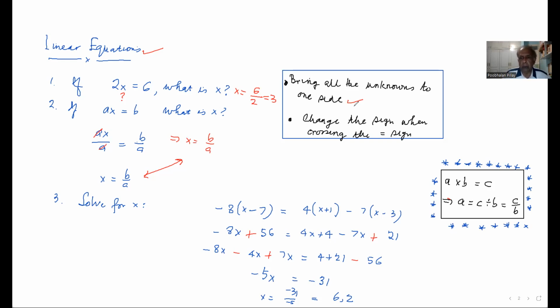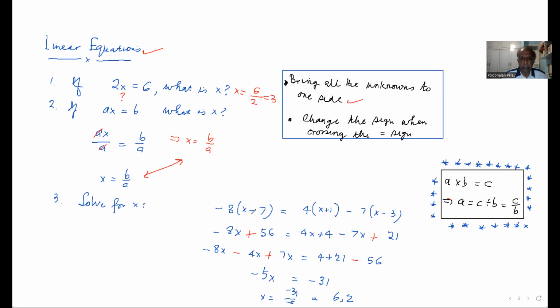Then you bring all the unknowns to one side, right? But when you cross the equal sign, change the sign. So when you cross the equal sign, you're taking any object in that equation to the other side, you must change the sign. If there is a plus, you make it minus.